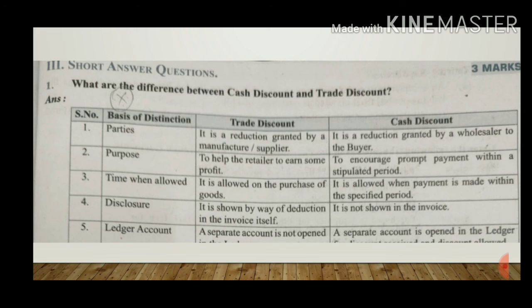The first one, parties. Trade discount is a reduction granted by a manufacturer or supplier. But cash discount is a reduction granted by a wholesaler to the buyer, that is, the customer. Then, what are the purposes? Trade discount is to help the retailer earn some profit.